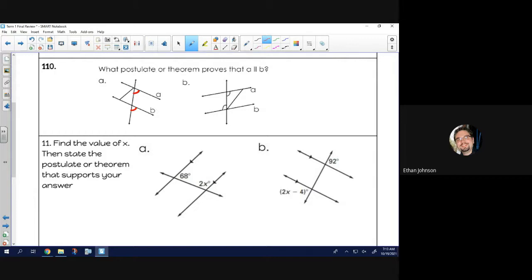So that relationship between them would be not alternate, they're corresponding angles. But keep in mind, we're proving lines parallel, so we have to have the word converse. So it's corresponding angles, converse.